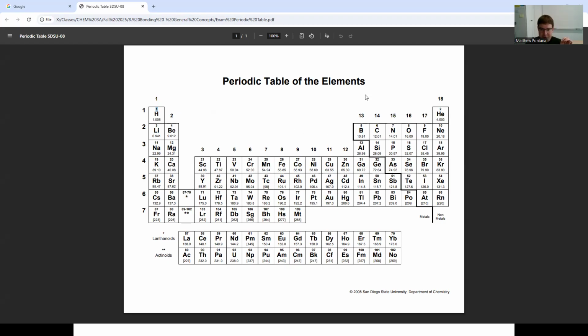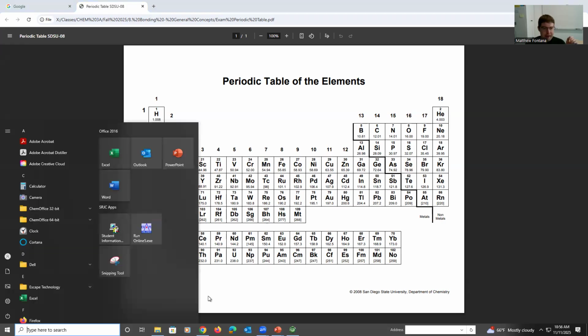These elements have three valence electrons. These ones have four, five, six, seven valence electrons. And finally, for the noble gases, we have eight valence electrons. So that's how you know it, because you just count across the periodic table: one, two, three, four, five, six, seven, eight. Those are the number of valence electrons you have.